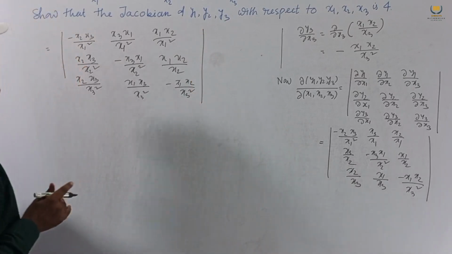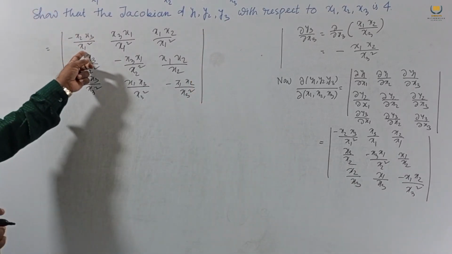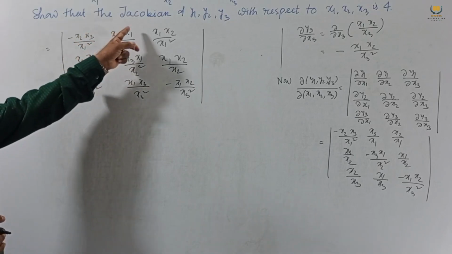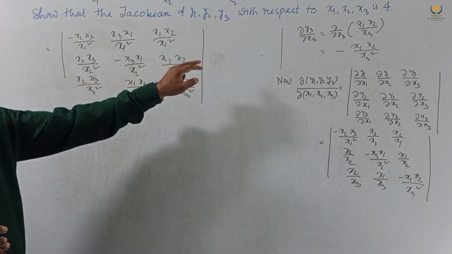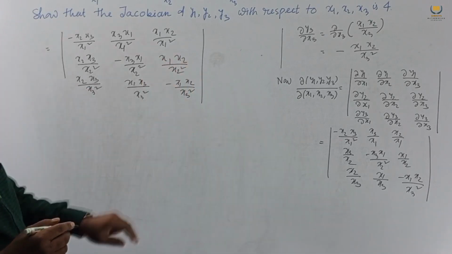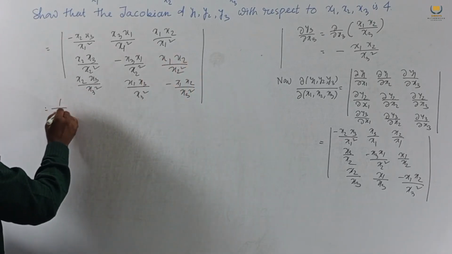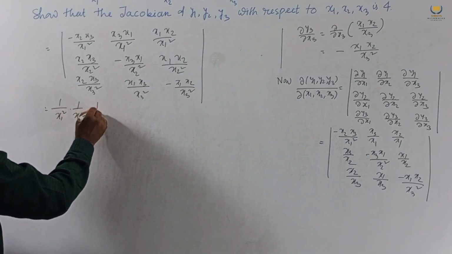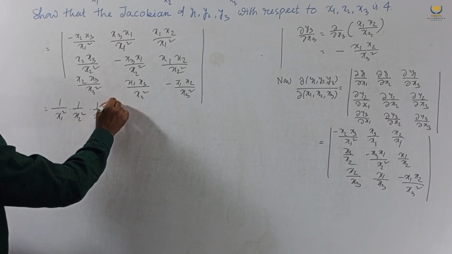We get this. Now from the first row we take 1 by x1 square common, from the second row 1 by x2 square common, and from the third row 1 by x3 square common. So we get 1 by x1 square, 1 by x2 square, 1 by x3 square common.